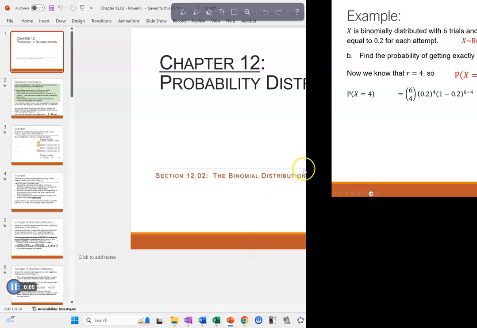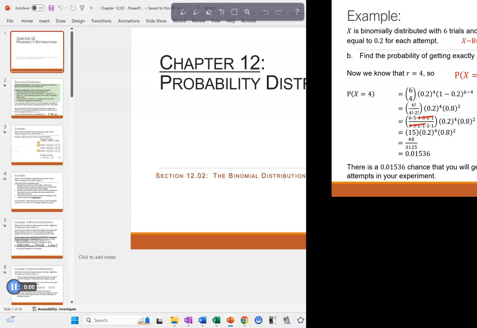So I'm just plugging it into this formula. All I'm doing is plugging in n and p, and then I can just grind that through on my calculator. So far, so good.